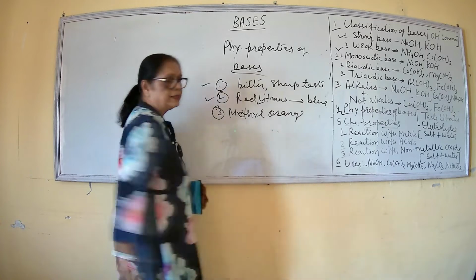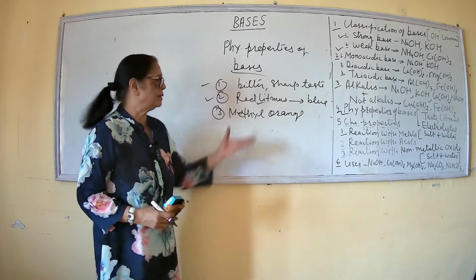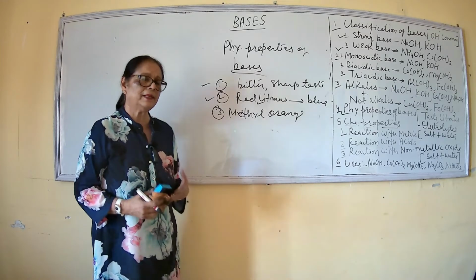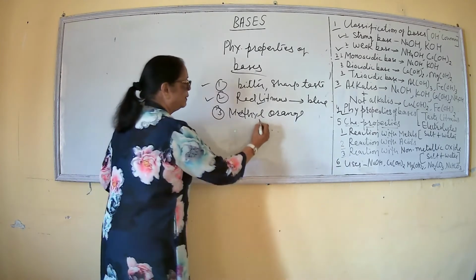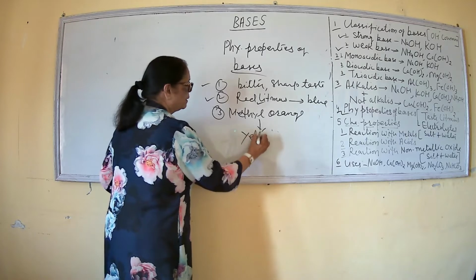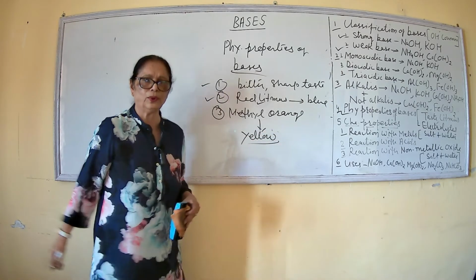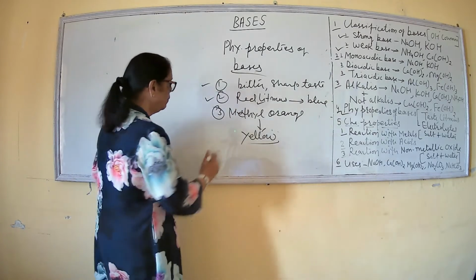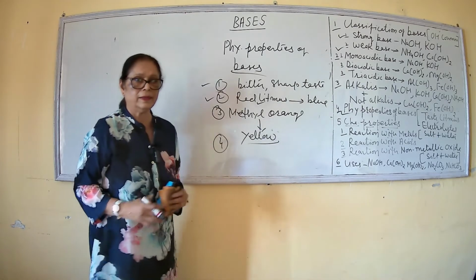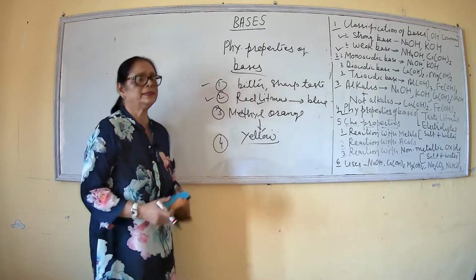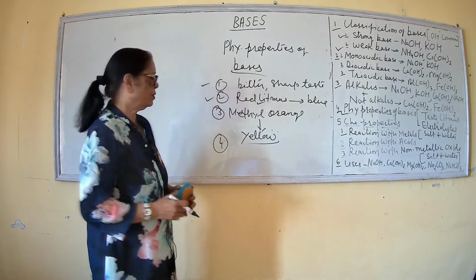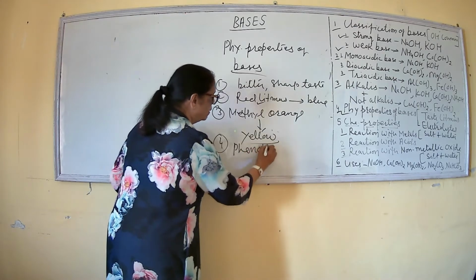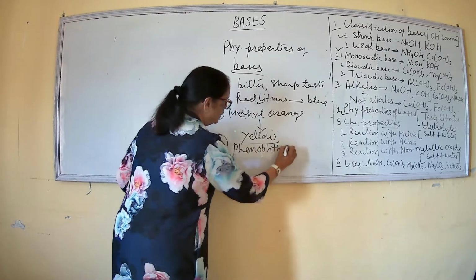It is a synthetic or artificially made chemical indicator. And whenever you add methyl orange in any basic solution, it will turn yellow. Its color changes from orange to yellow. In this way, it identifies the presence of a base. We have another indicator to test the presence of base, that is phenolphthalein.